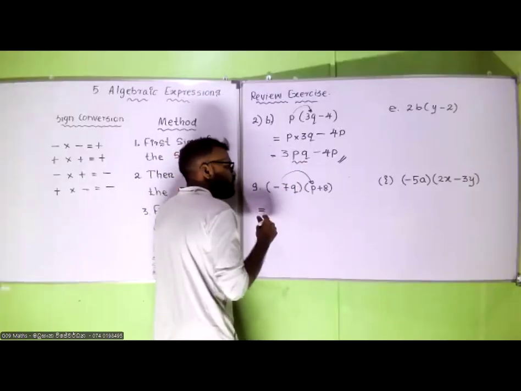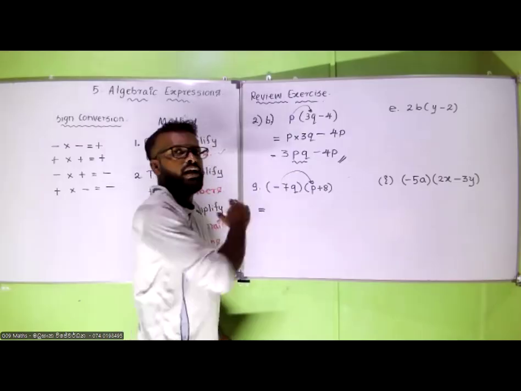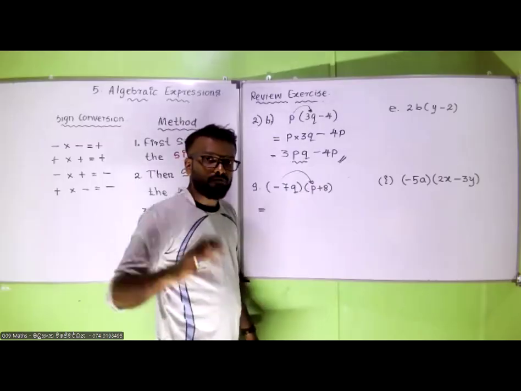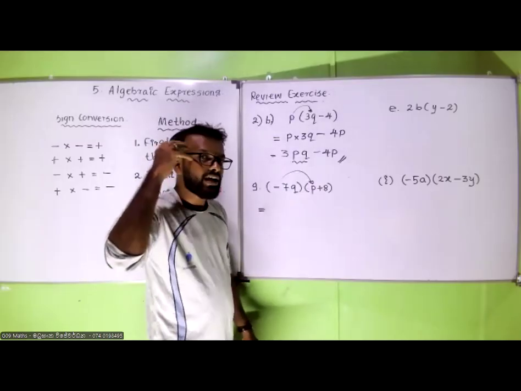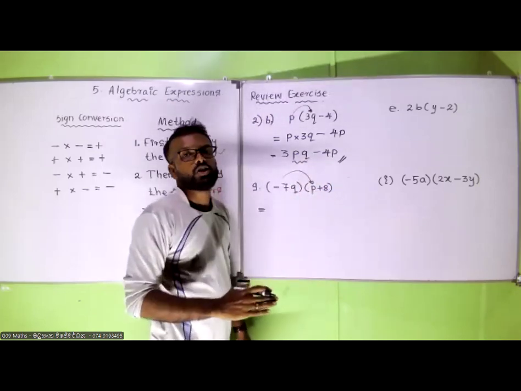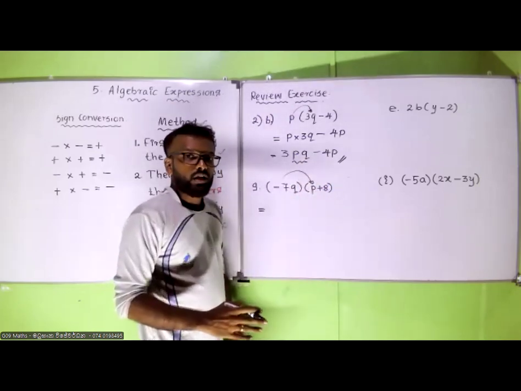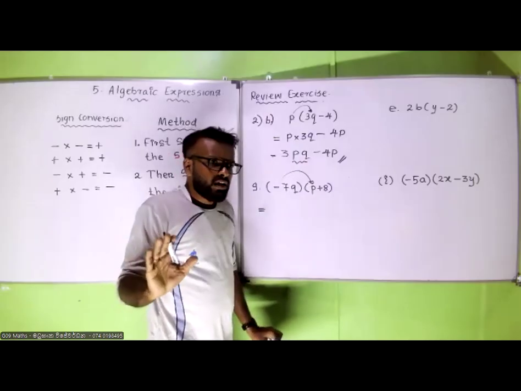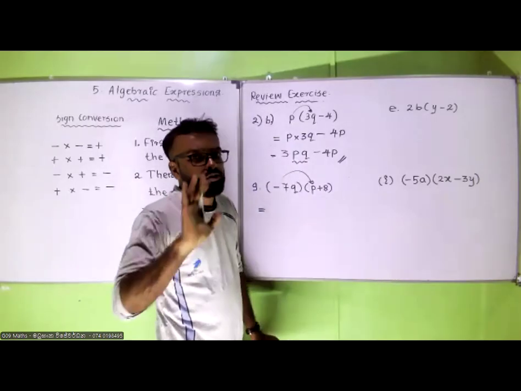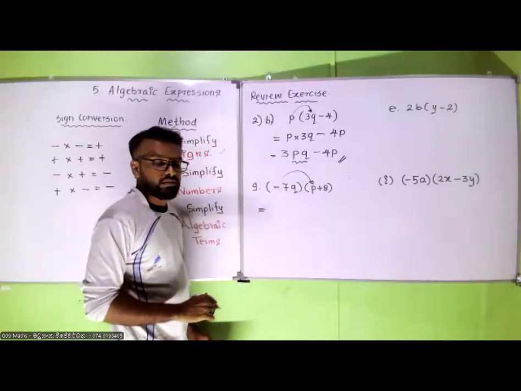If you want, you can write the answer at once. If you are a bright one, if you can calculate a lot of things at once in your mind, you can write down the answer at once. Now, if you feel like I am troubling you, you can use this method.